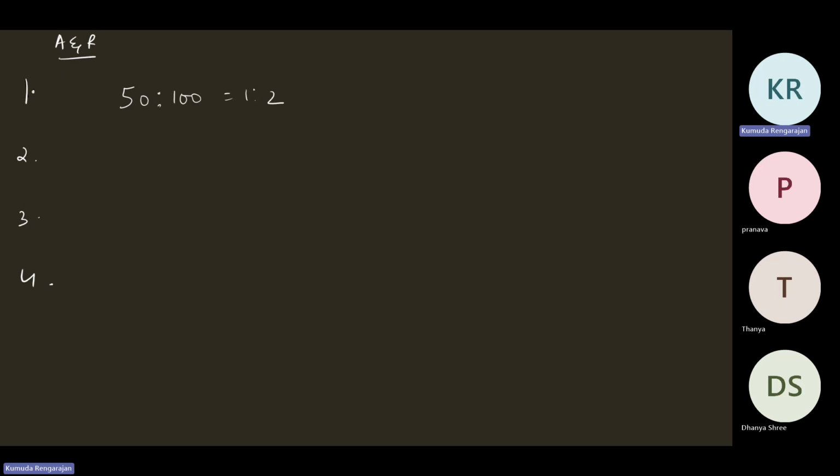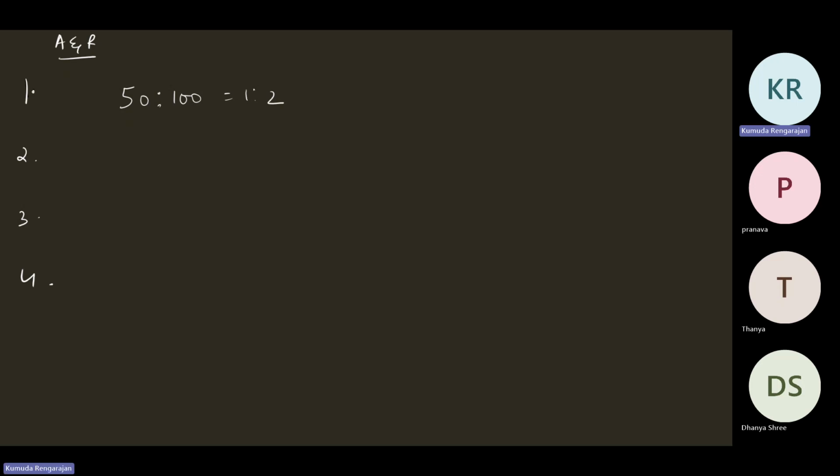First, you should judge if the reason is correct, meaning whether the information in the reason is true or false. Then, if it is true, you must see if it is explaining the assertion.